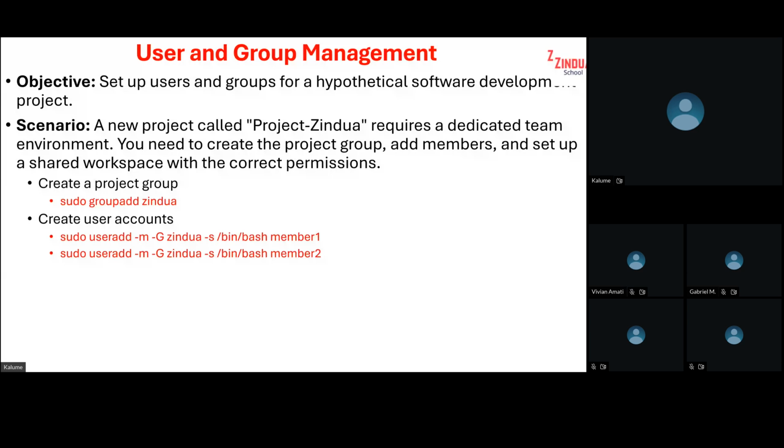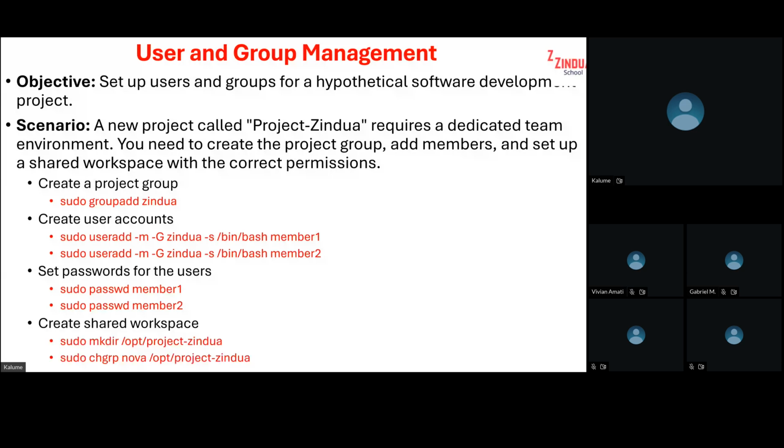Then step 3 is to set passwords for those users. Then step 4 is to create a shared workspace and also to give it to the appropriate users for that matter.